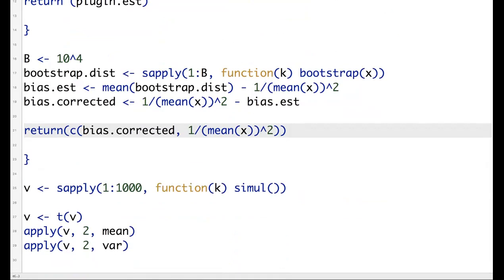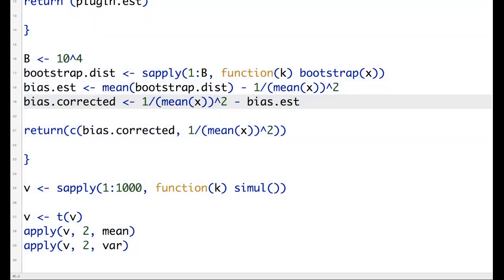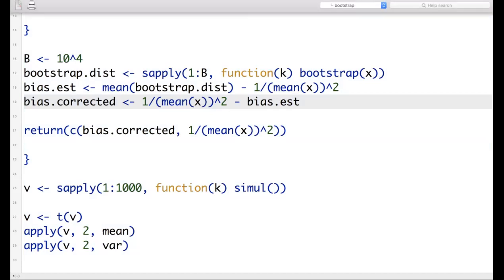After that, I can check the mean of the bias corrected value from multiple runs compared with those using the plug-in. And of course, I also check the variance. With this, I should be able to compare their performance of using bias correction.